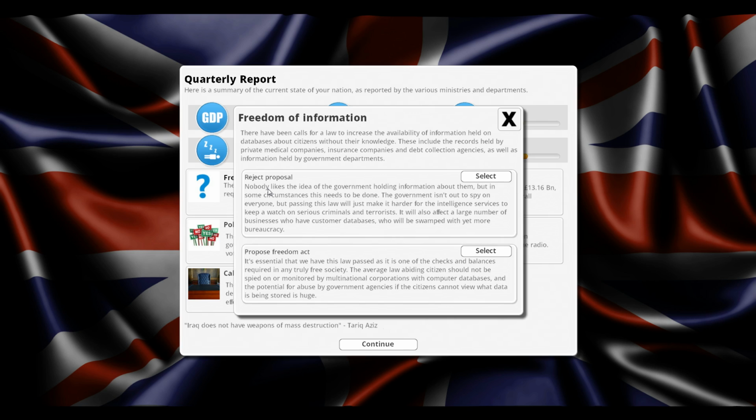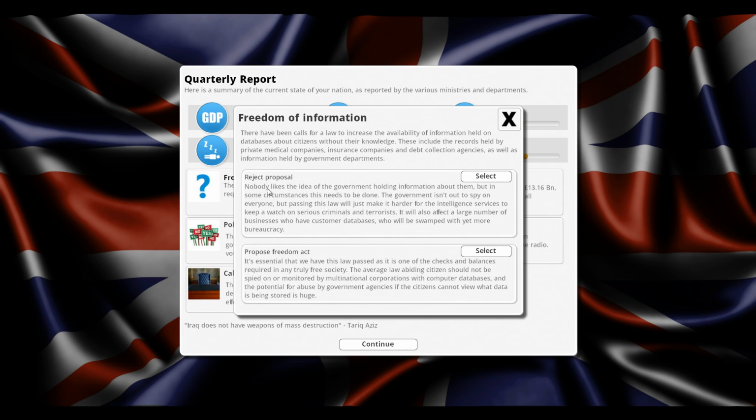Nobody likes the idea of the government holding information about them, but in some circumstances this needs to be done. The government isn't out to spy on everyone, but passing this law will just make it harder for the intelligence services to keep a watch on serious criminals and terrorists. It will also affect a large number of businesses who have customers' databases and will be swamped with yet more bureaucracy.